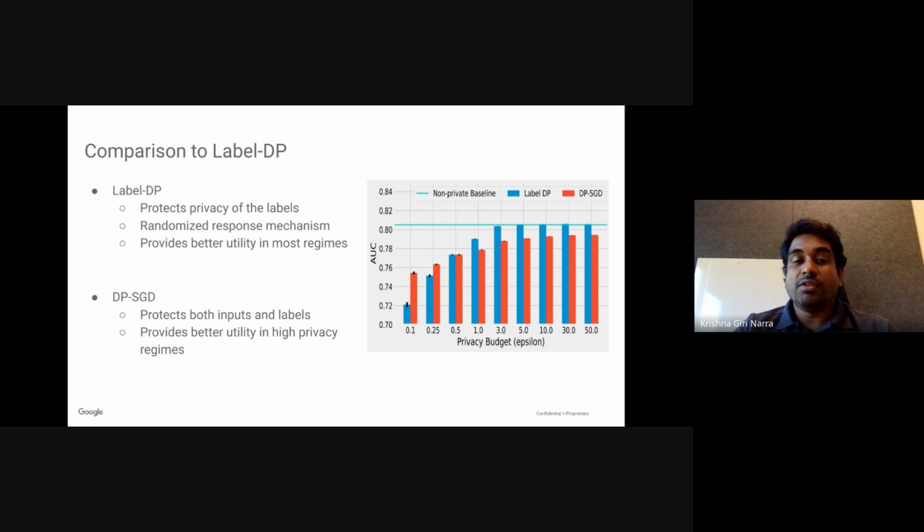We think this is because randomized response at such low epsilons creates very random labels, which don't have any information on the specific example. It was surprising that DP-SGD, which has a better privacy guarantee, still outperforms it at low epsilons.